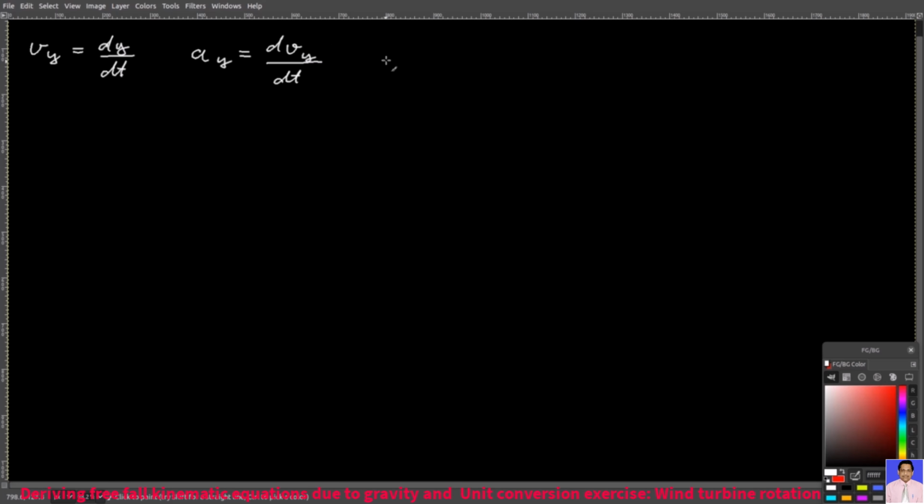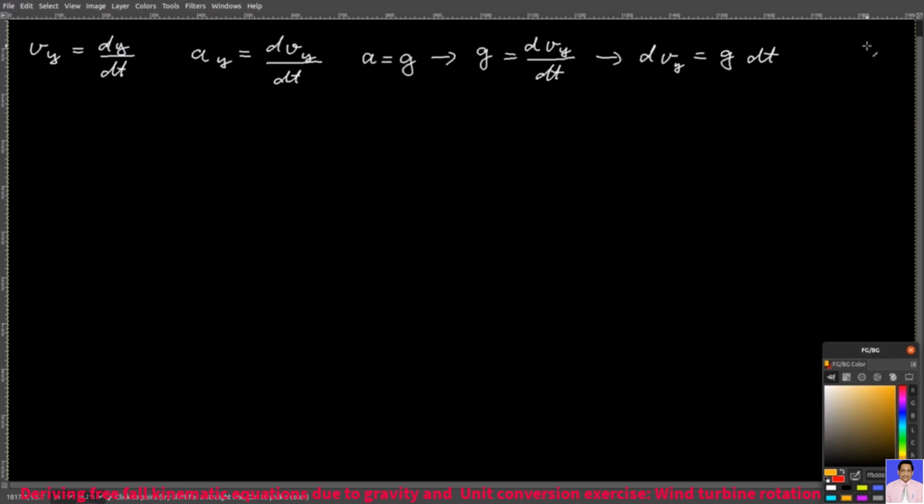Since we only have the force of gravity, then acceleration is actually your g, depending on the celestial body. On each celestial body it's different. And then you can write that g equals the change of vertical velocity with respect to time, or you can also write dvy equals g times dt.